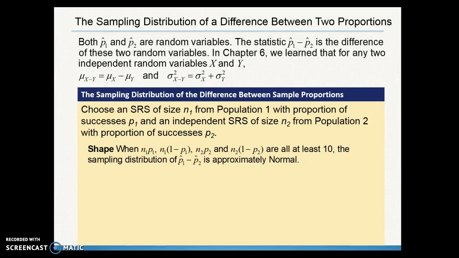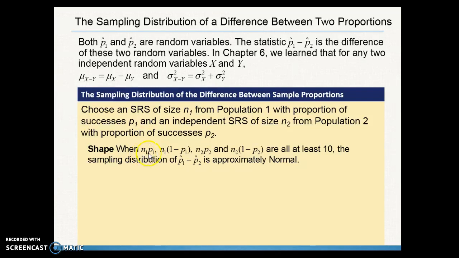Now the shape, take a look. Remember when we checked the normal condition, to see whether it's approximately normal? In the past, we just did n times p1, and n times 1 minus p1. Well, here we're just doing that twice, because we have two different samples.